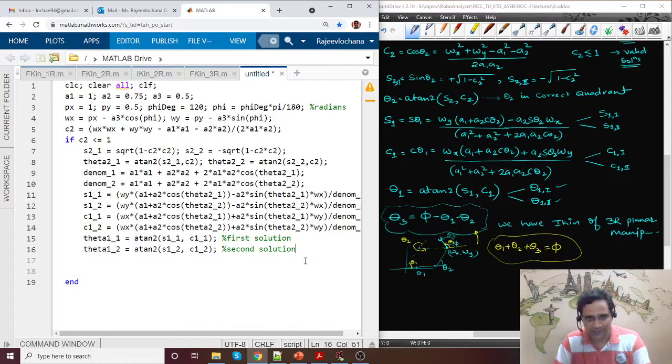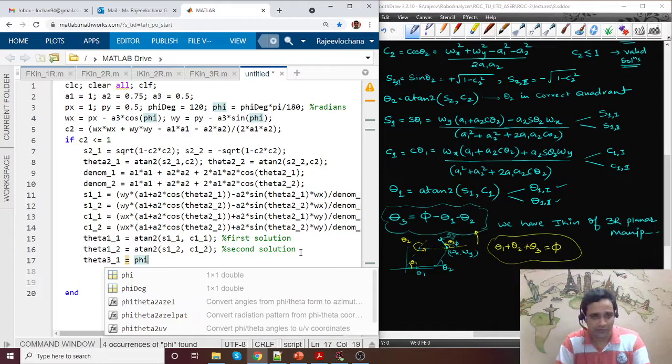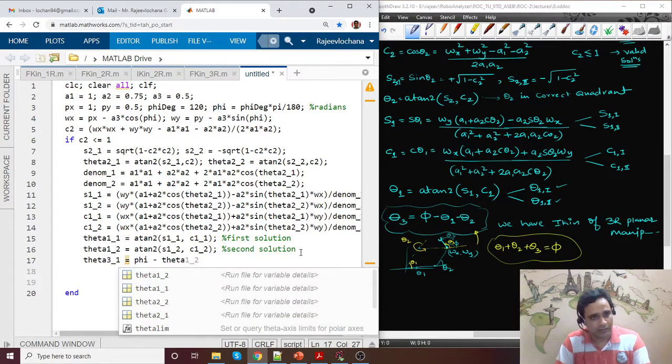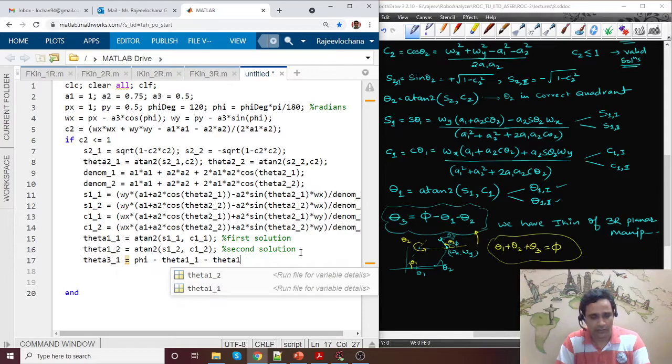Now finally theta 3 will also have two solutions depending on which set you take. So theta 3 underscore 1 will be phi, which is the same for both cases, phi minus theta 1 underscore 1 minus theta 2 underscore 1.